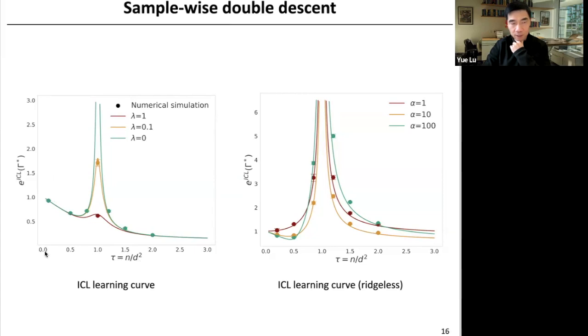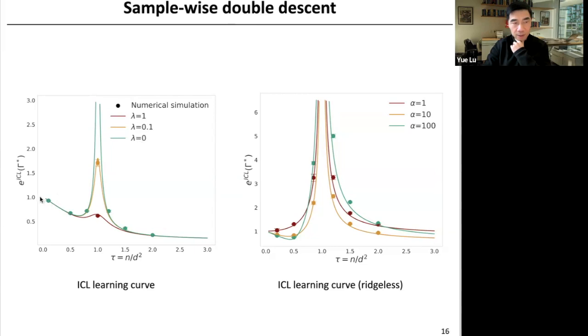From left to right, we have more and more training samples. And the green, orange, and red lines are the theoretical predictions from our results. They differ in the value of lambda, which is a ridge parameter.